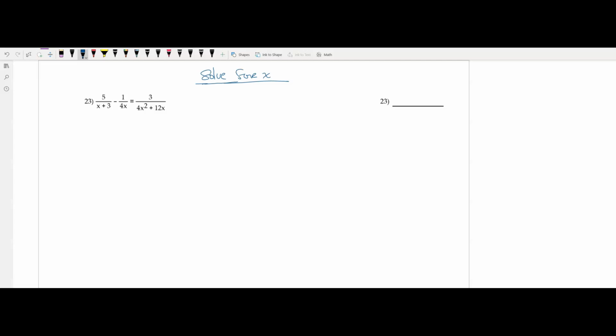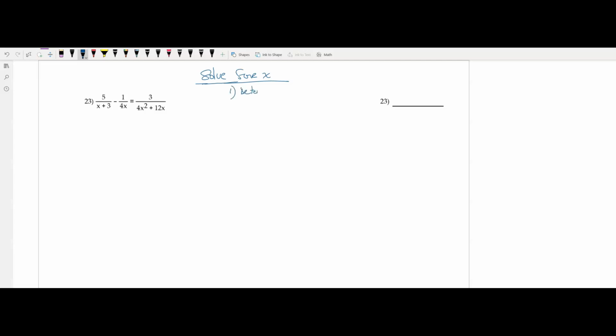First, you have to determine what value of x makes any of those rational expressions undefined. That's number one. So that's the first step, right?